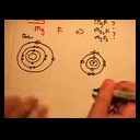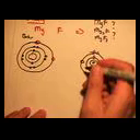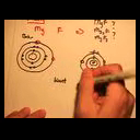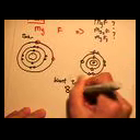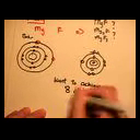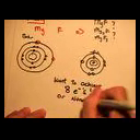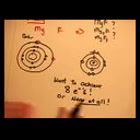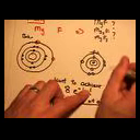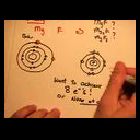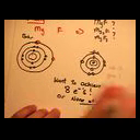Why this is important is that all atoms want to achieve 8 electrons or none at all. So since this one has 7, it needs to gain 1.